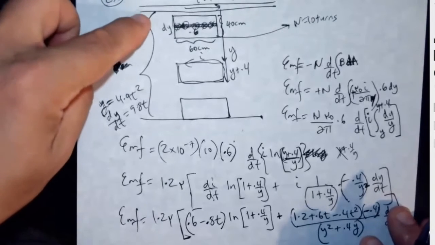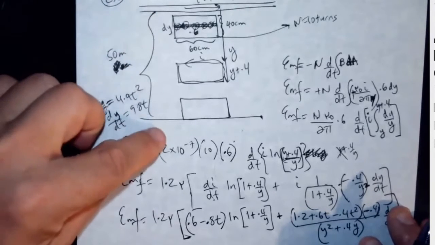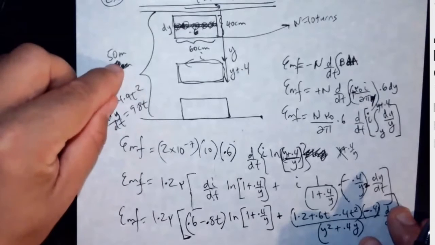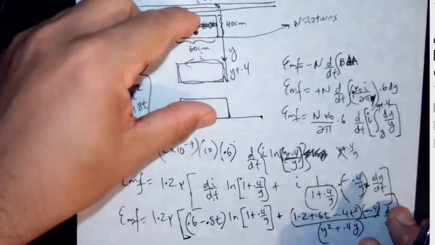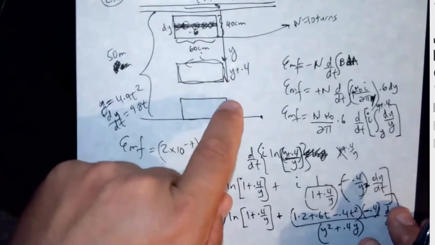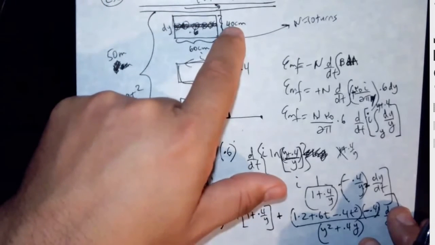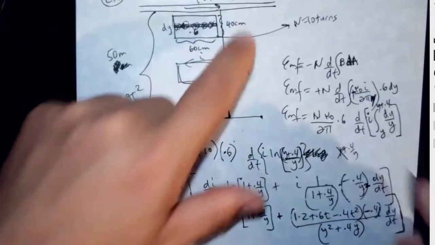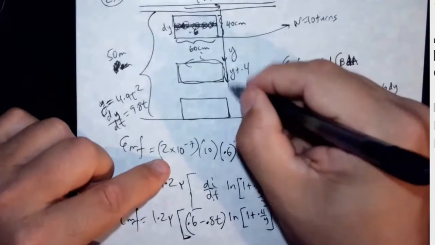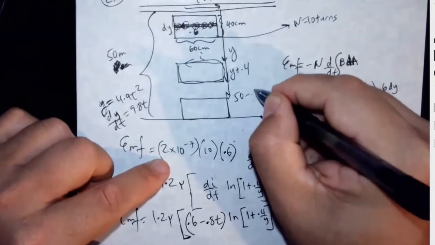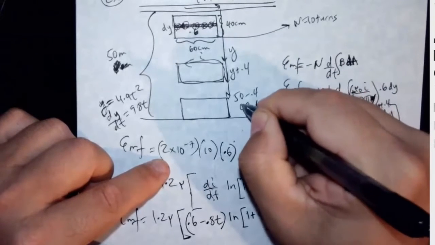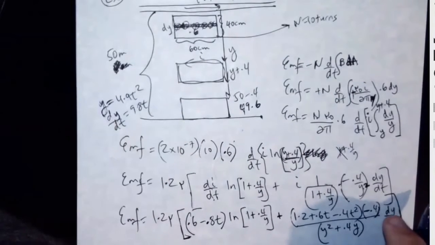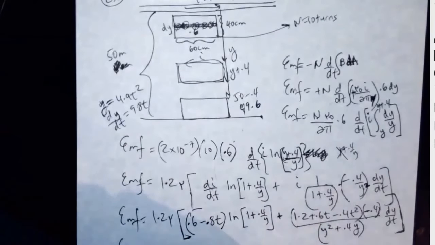If the distance from the wire to the ground is 50 meters, then y will be 50 minus 0.4, so 49.6 meters.